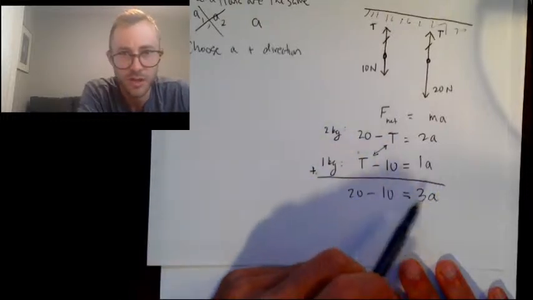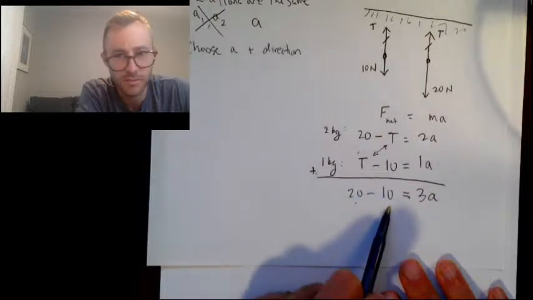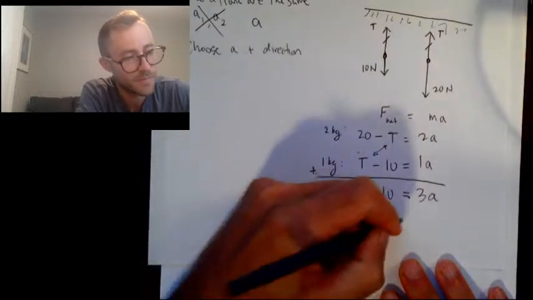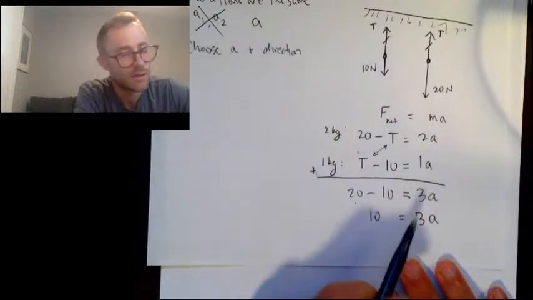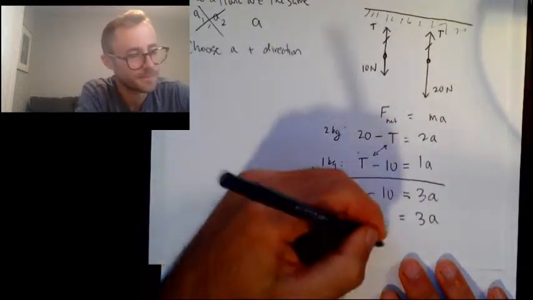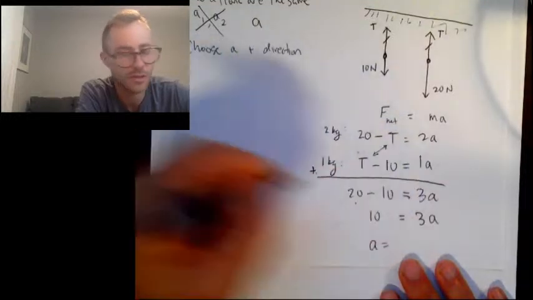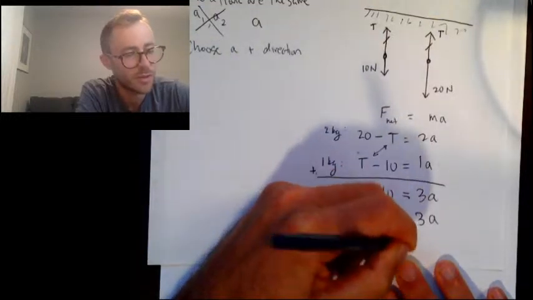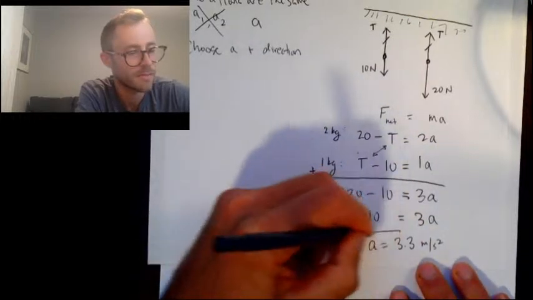So type that into the chat if you know the answer. So on the left-hand side, I have 20 minus 10, which is 10. On the right-hand side, I have 3a, divide both sides by 3, and I can see that the acceleration is going to be 3.3 meters per second squared. Okay?